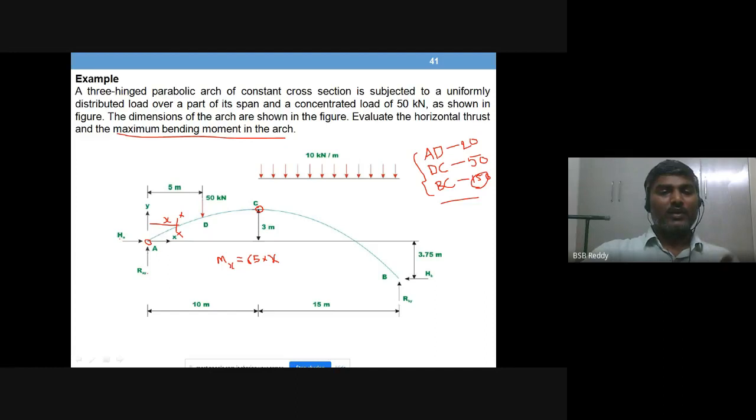Left clockwise is positive because it is going to cause sagging.